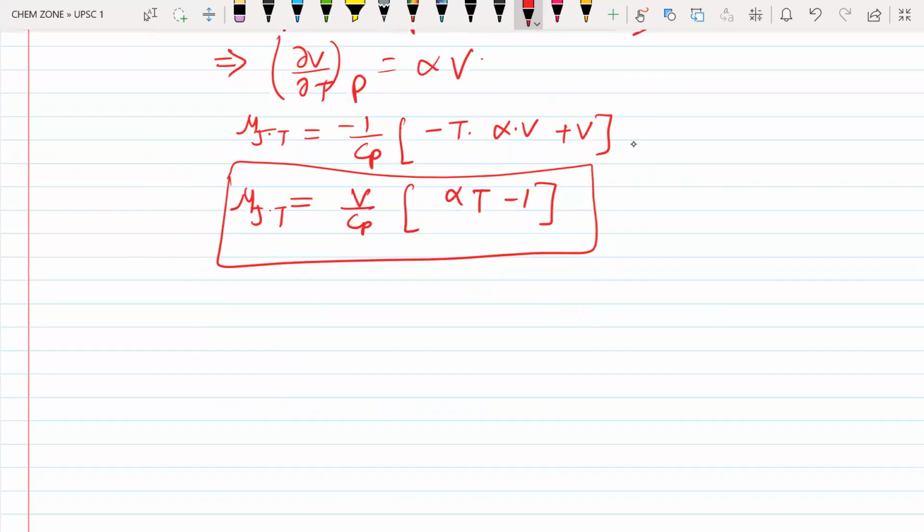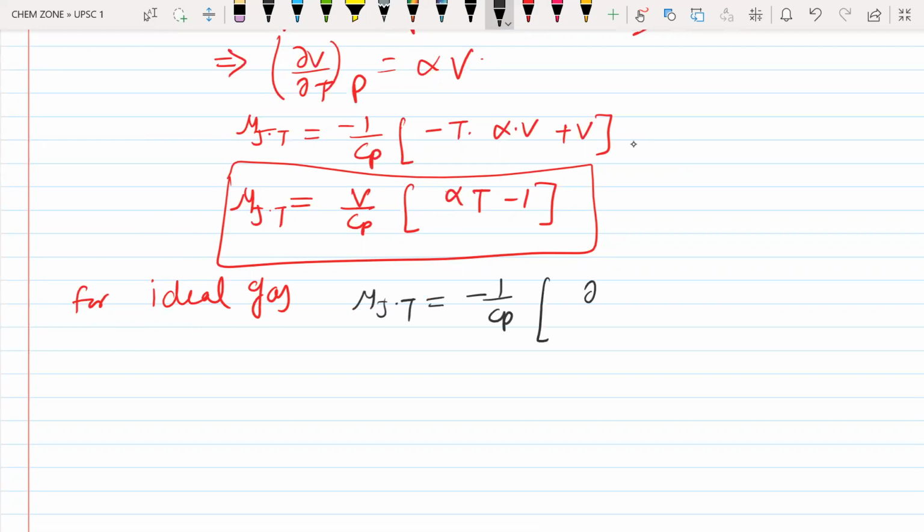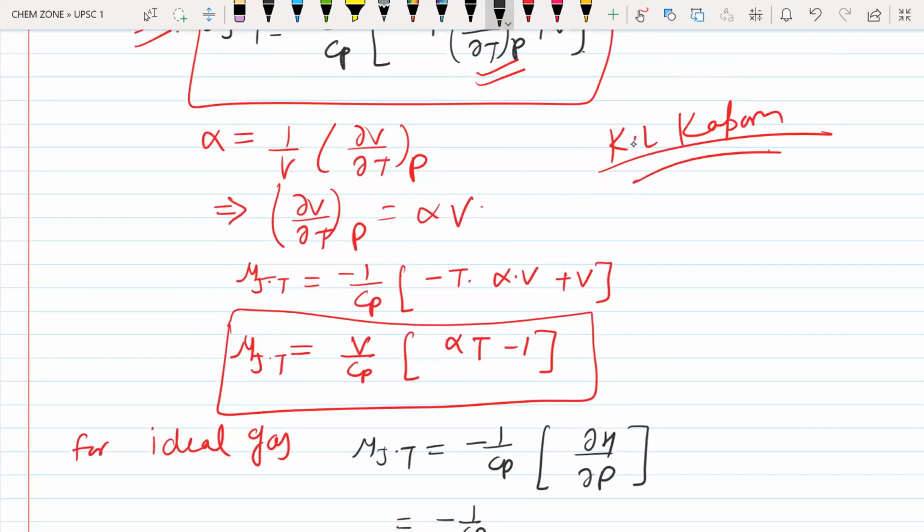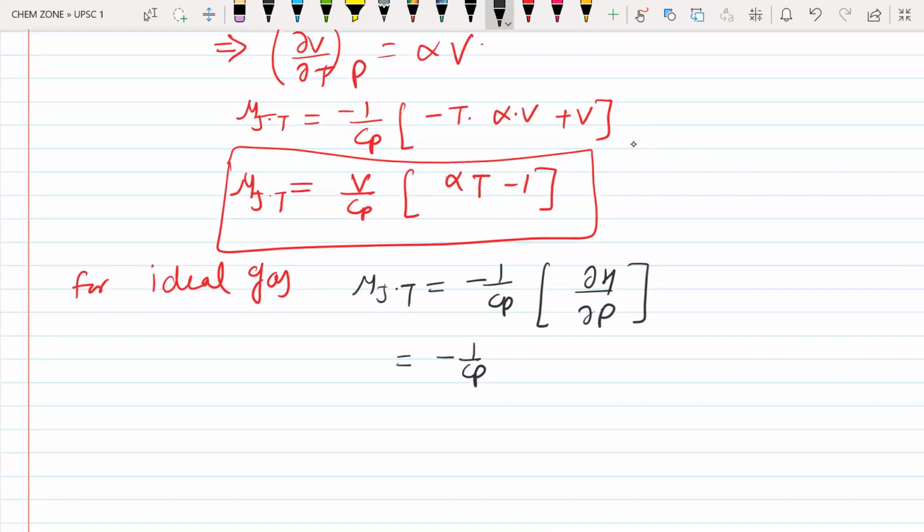Now, although this experiment is done with the real gas, if you are talking about the ideal gas, see what happens. Although we can also prove by using those equations, sometimes they can ask a separate proof for that. So I'm doing it in a different way.